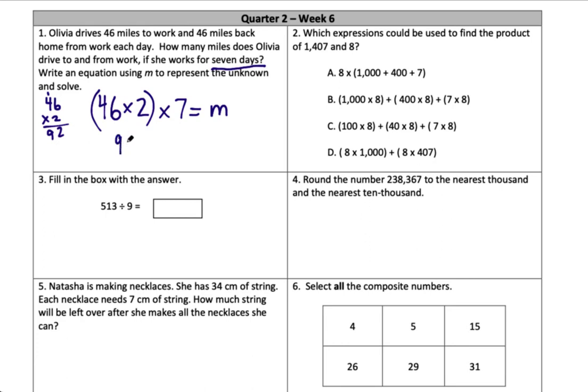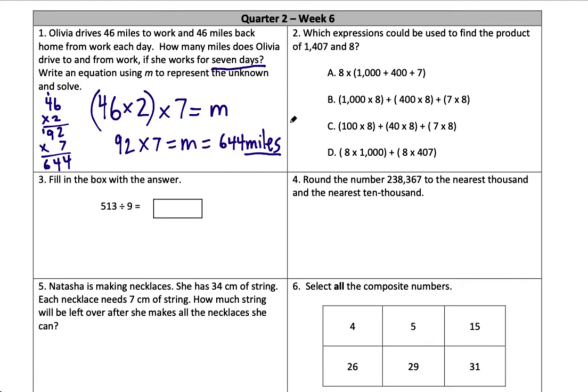So that's 92 times 7 equals M. And now I'm just going to do 92 times 7 using the standard algorithm. 7, 6, 44. So it looks like M is going to be equal to 644 miles. And I do want to put that unit of measurement. That's very important, miles. So 644 miles.